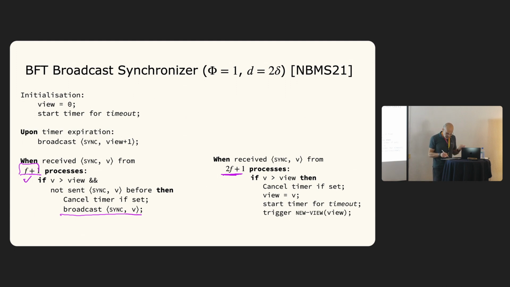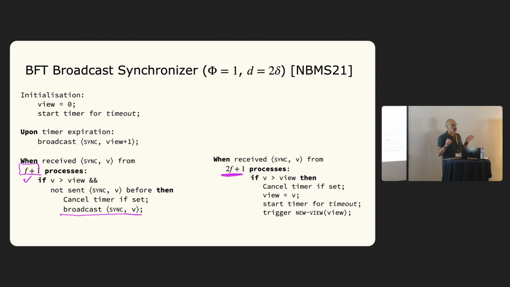Okay. So here I wait for 2f plus 1 to get to the next view. And why do I wait for 2f plus 1? Because I have 3f plus 1 in total, right?